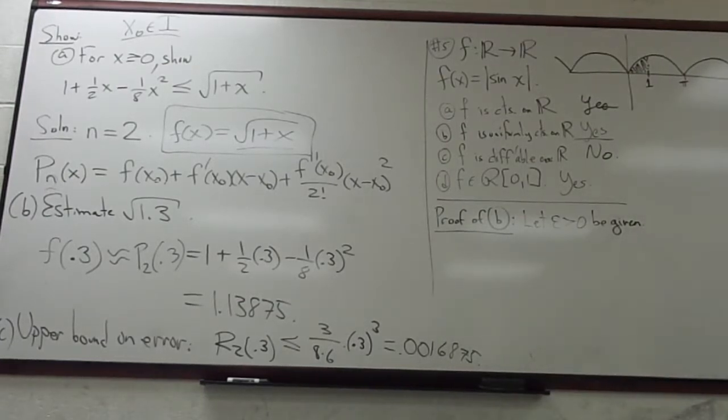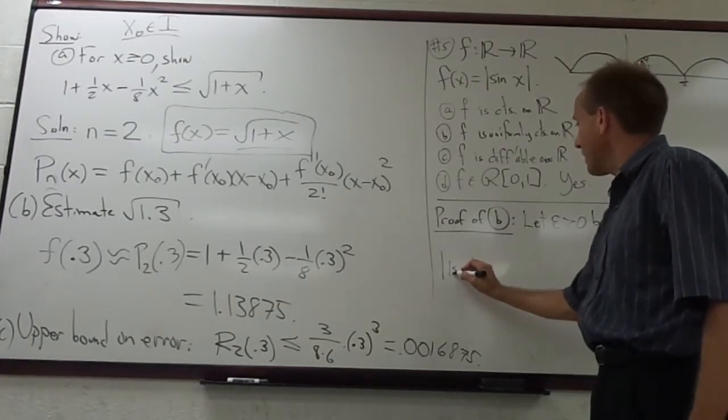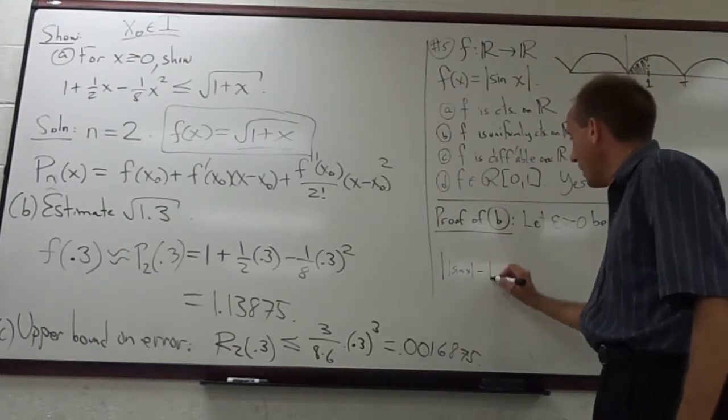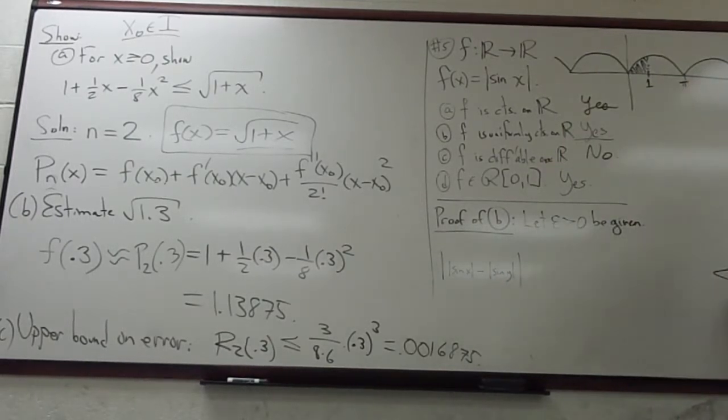Our job is to come up with a delta, such that if absolute x minus y is less than delta, then absolute f of x minus f of y is less than epsilon. In other words, we want the absolute value of f of x, that would be absolute sine of x, minus f of y, to be less than epsilon.